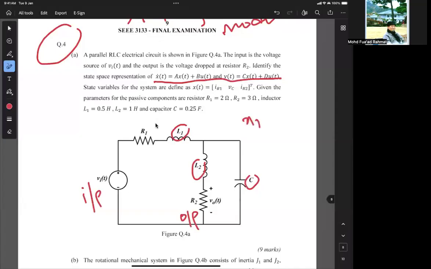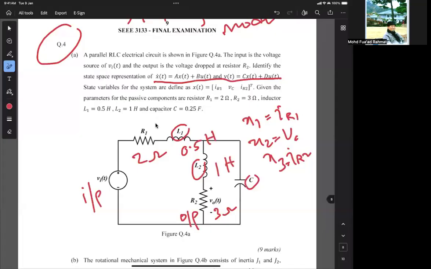So in this case, X1 is IR1, X2 is VC, X3 is IR2. So the value of resistance R1 is 2 ohm over here. R2 is 3 ohm over here. Inductor L1 is 0.5 Henry. L2 is 1 Henry. And capacitance 0.25. Okay.